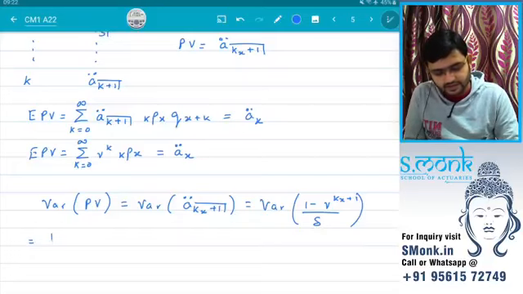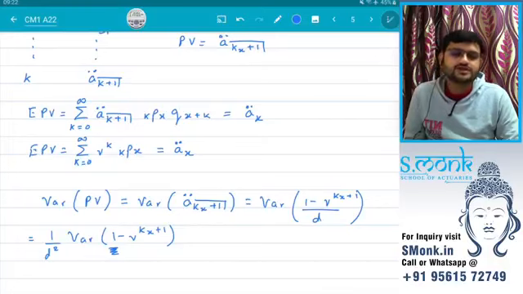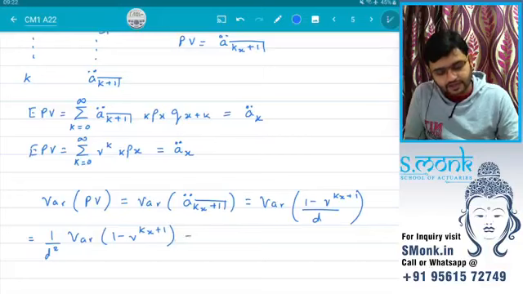So this would be 1 by d square, variance of 1 minus v raised to kx plus 1. Sorry, d, not delta, my mistake. And whenever a constant is added or subtracted, it does not make any difference in the variance, so I can remove it. So I'll have 1 by d square, variance of v raised to kx plus 1.